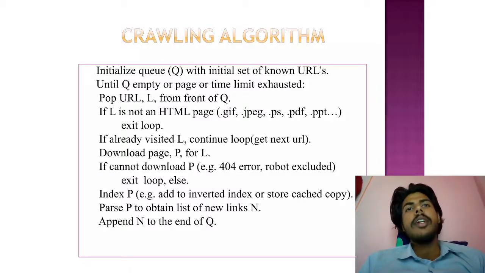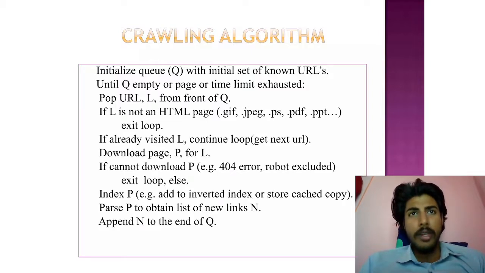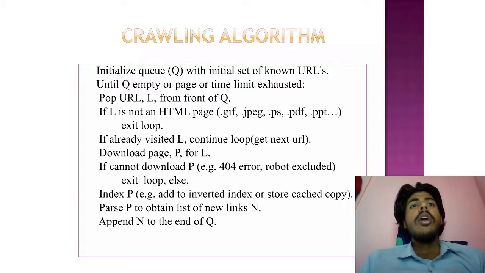If already visited L, continue the loop to get the next URL. Download the page P for L. If it cannot download P, an error comes, such as a 404 error or robot excluded, and it exits the loop.